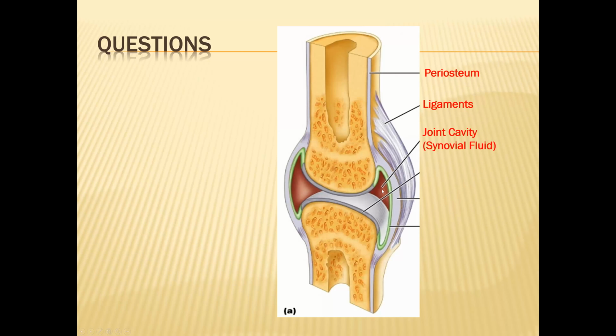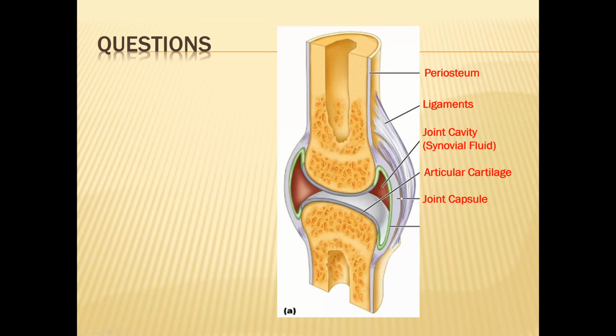We can also see the joint cavity in here, and this is full of synovial fluid that is made by the cells that are in the synovial membrane. We can also see the articular cartilage, which is the hyaline cartilage that is on the ends of the bone that are connecting at a synovial joint.